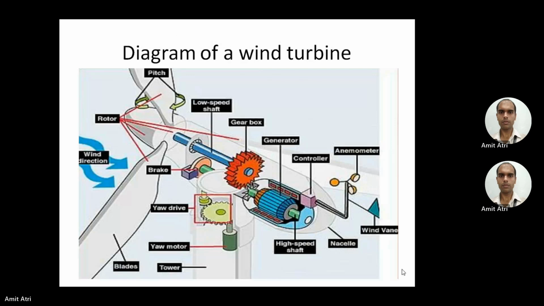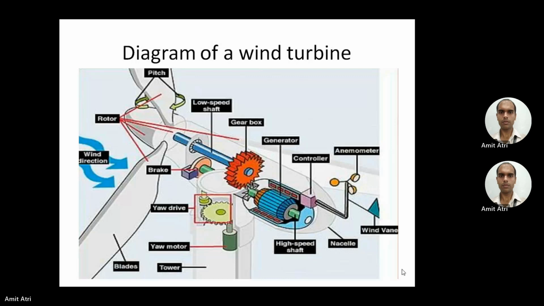So this is the diagram of a wind turbine system. On the top of this pole, the rotor is there and blades are attached. Through the shaft and gearbox assembly, the generator is connected. The generator is there at the top. There is a controller, and the electricity produced by the generator is taken out, so that we can utilize it.